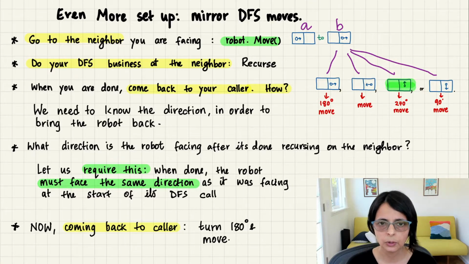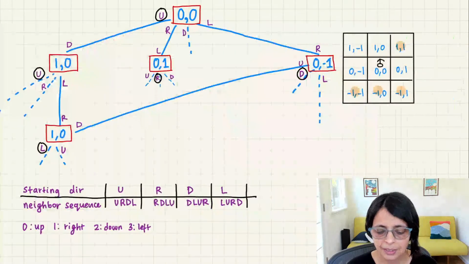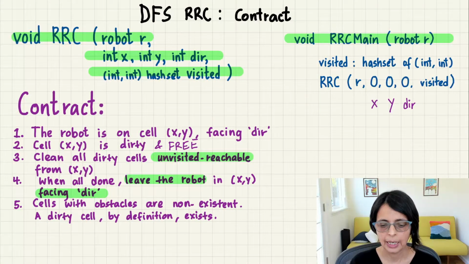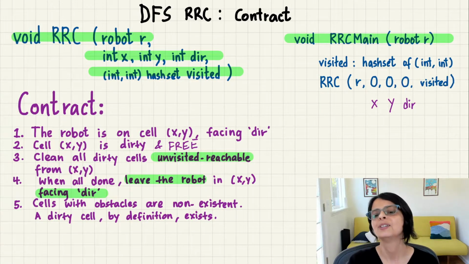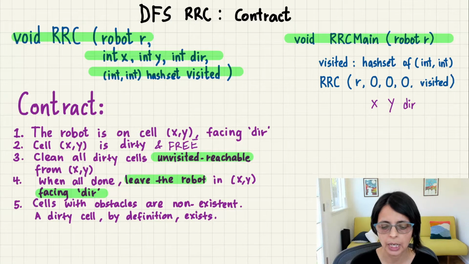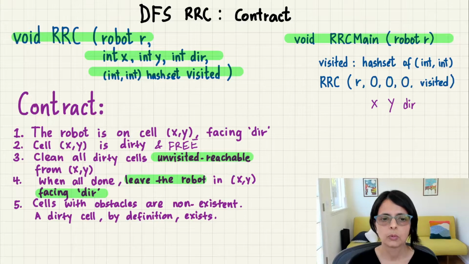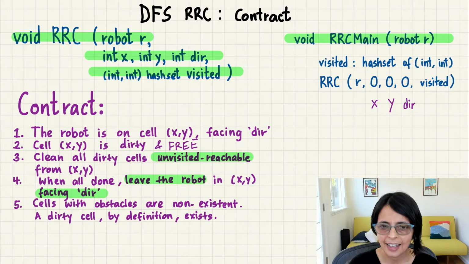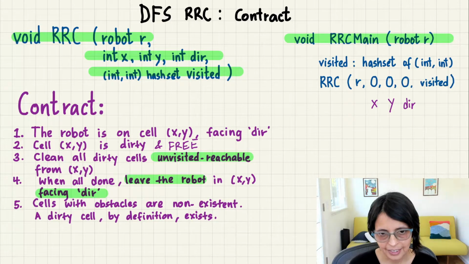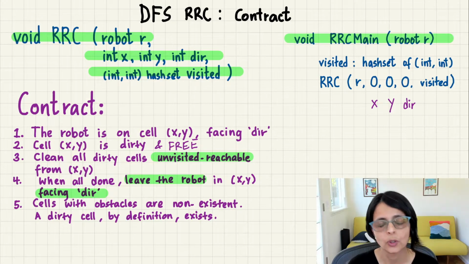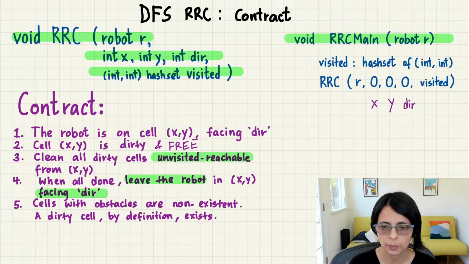What I would say, if you're feeling the same, is that you are having an appropriate response to the reality in front of you. This is highly nuanced and a highly clever setup, okay? So if this is the first time you're looking at this problem, and you are at this point where you've done the setup, you have the function header and the contract, you might want to pause and hand execute the DFS as you intend, with all the direction and neighbor setup, on an actual example before you jump into the code.